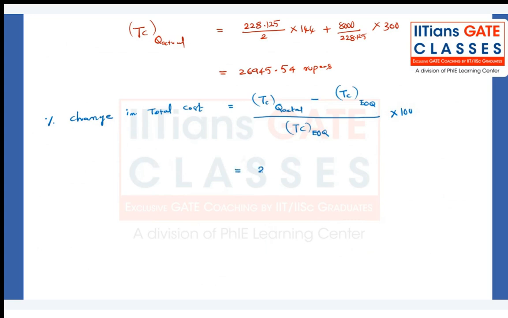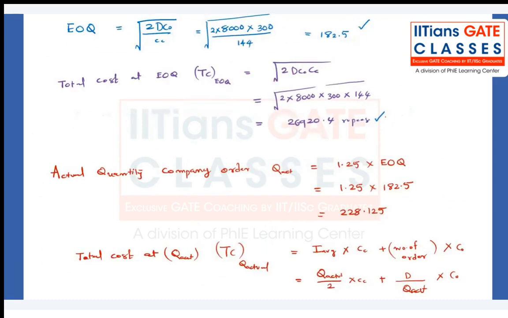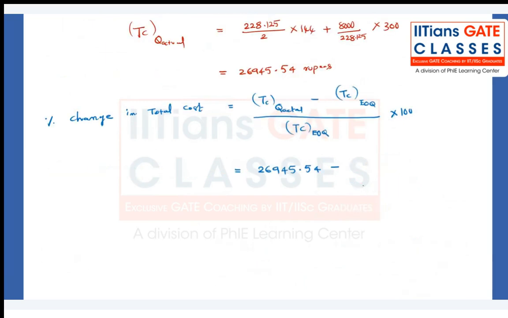If they order the actual quantity, it is 26945.54 minus the economic order quantity total cost, which is 26920.4, divided by 26920.40, into 100. Guys, final minus initial by initial, so that you will get the change in percentage. If you solve this, you are going to get 2.5 percent.